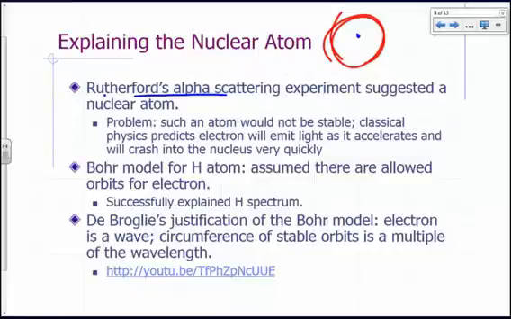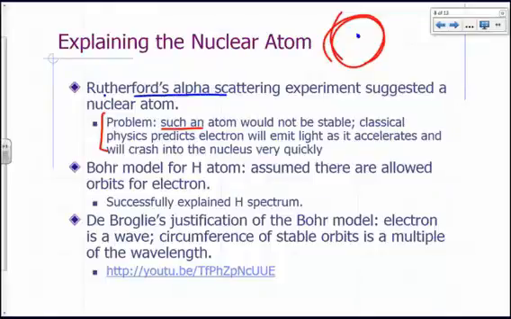Now, there's a problem with that at the time. Experimental evidence suggests that that is the way atoms are. You have a nucleus and electrons around the nucleus, and mostly empty space. But the problem with that, based on classical physics, is that if you have electrons going around in circles around a nucleus, those electrons are accelerating.